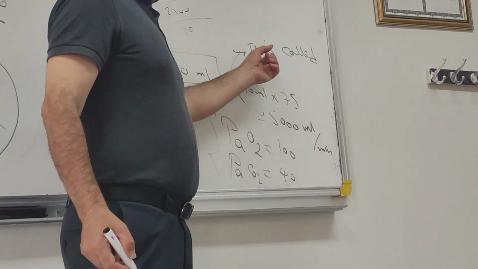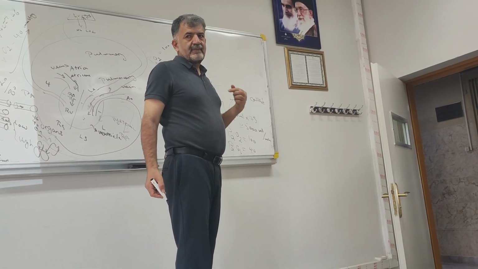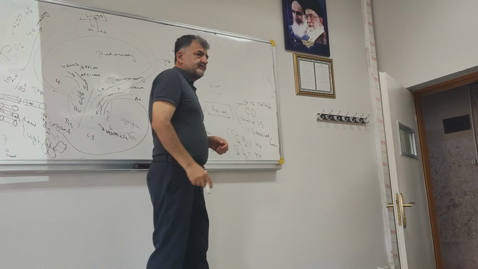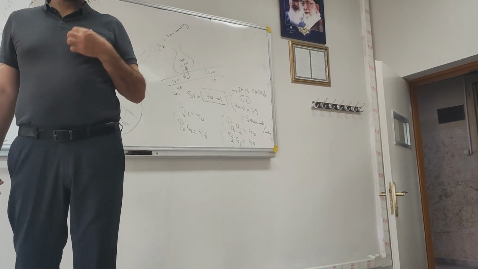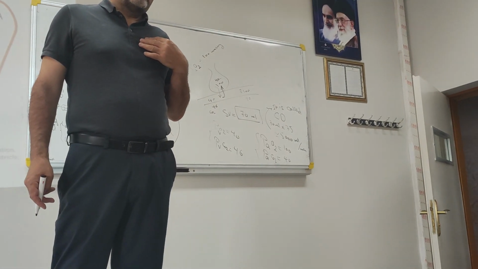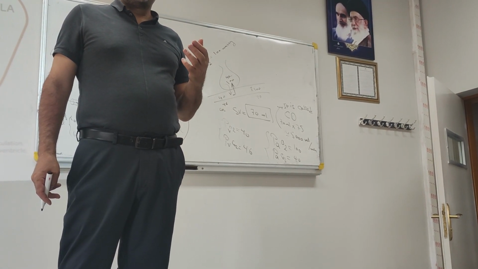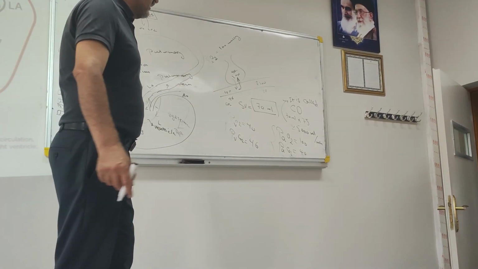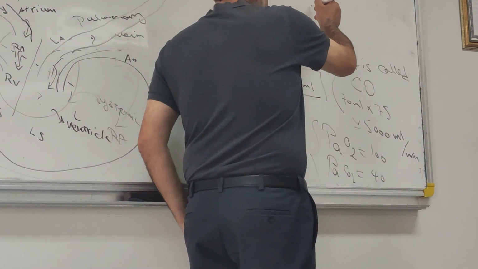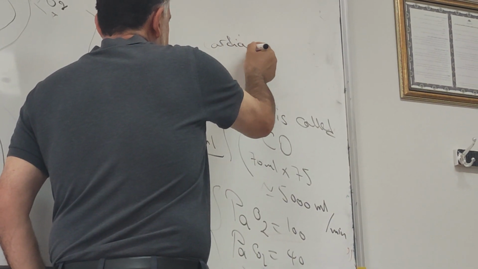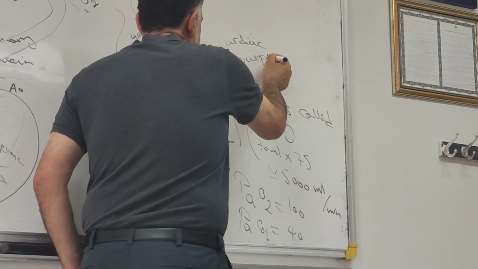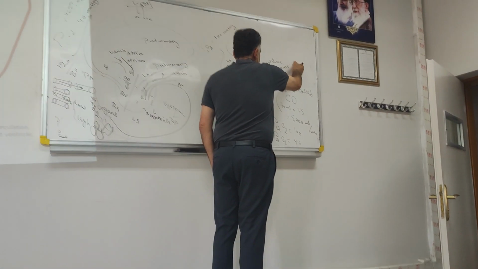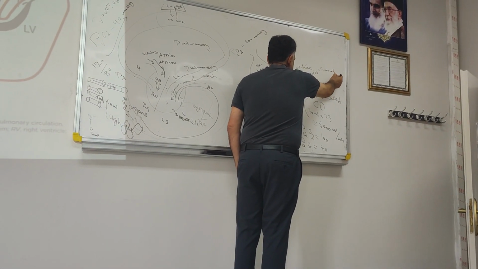And this one is called cardiac output. CO stands for cardiac output. And I said it's usually something around 5,000 ml per minute.